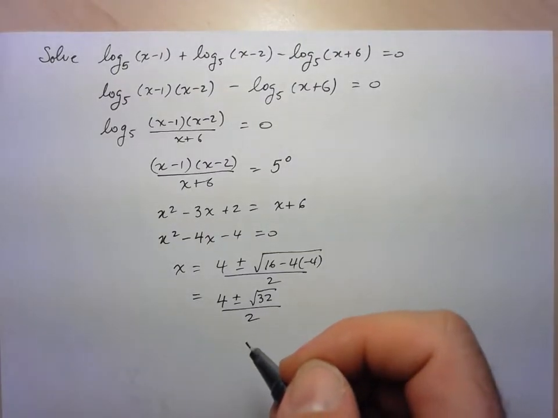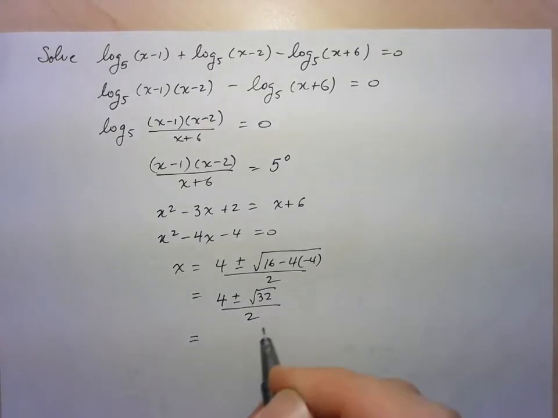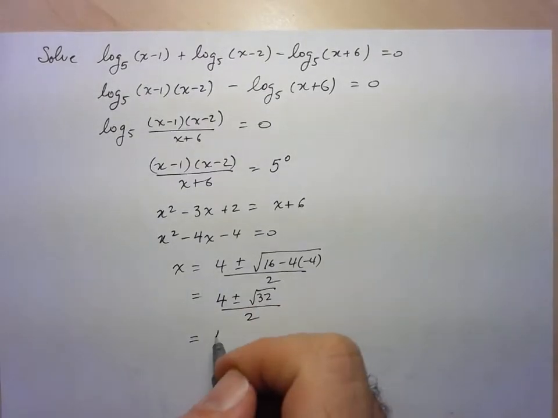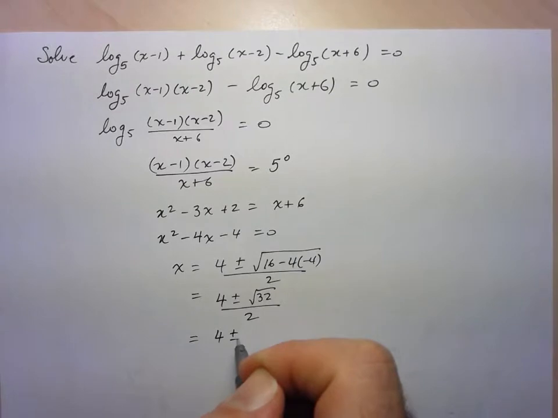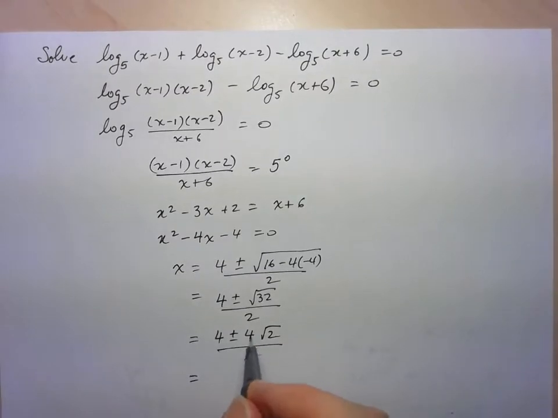I don't mind if we leave it like this, but we might as well simplify it here. So 32 is 16 times 2, so the square root of 16 is just 4. So that becomes 4 root 2. And now we can keep simplifying, divide both of these numerator terms by 2, so 2 plus or minus 2 root 2, because the 4 is divided by 2.